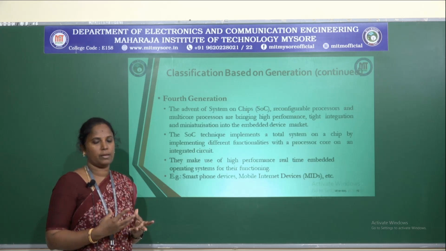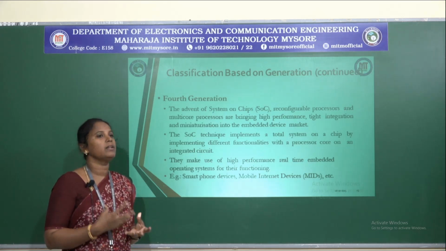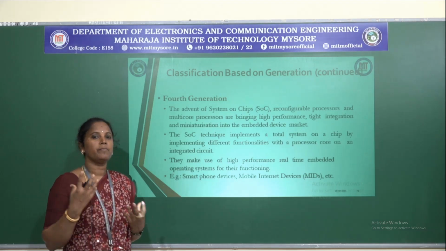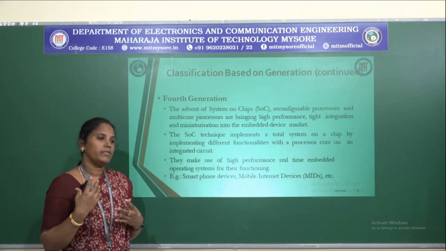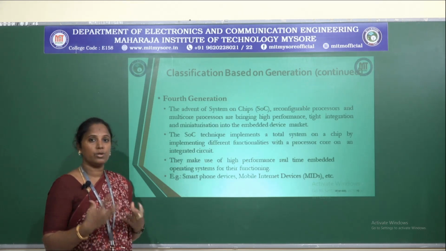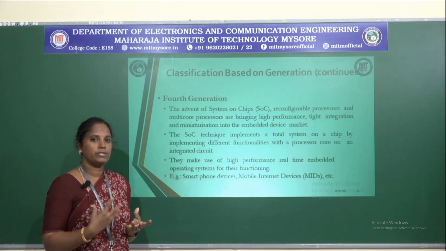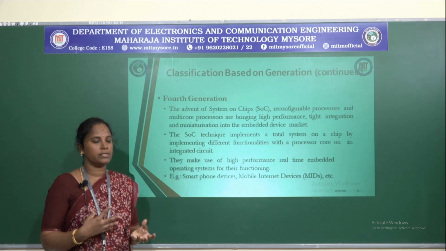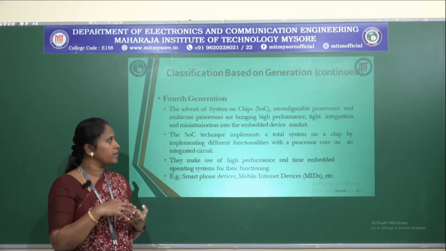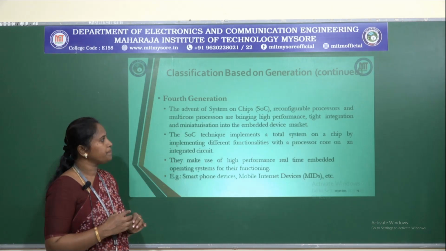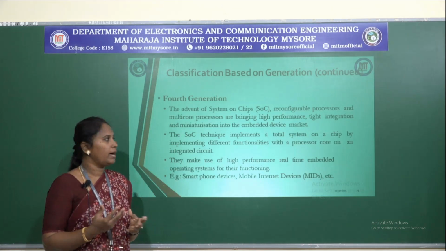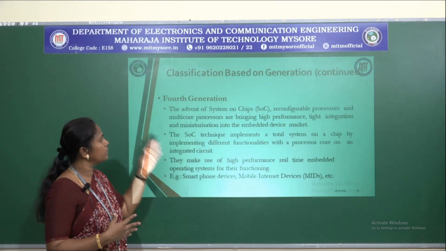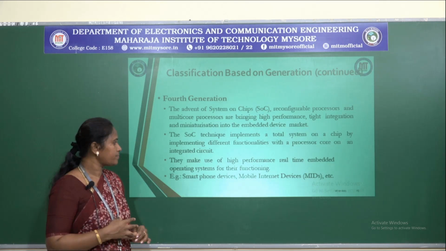For example, if you are using a microprocessor, then you need to interface externally devices like timers, counters, DAC, etc. But in the case of a controller, you need not interface all these devices externally, where the system on chip reduces the complexity of interfacing these devices. With the help of this SoC, the performance level was improved, and the complexity involved in designing was also reduced in the fourth generation.